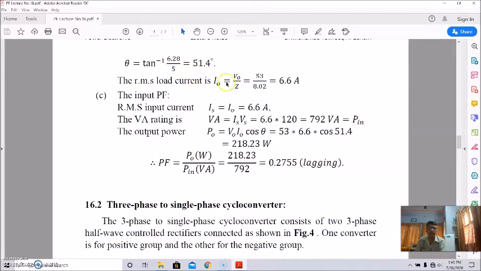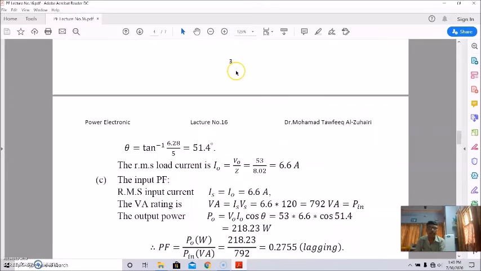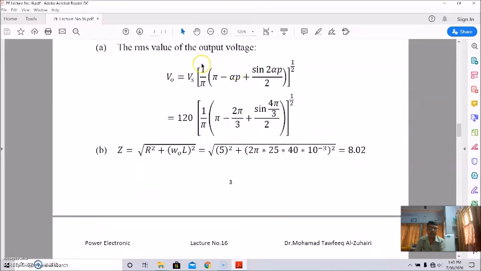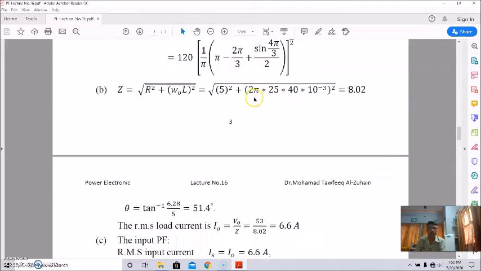So the RMS load current should be equal to V0 by Z, so 53 by 8.02. That means 6.6 ampere, lagging.